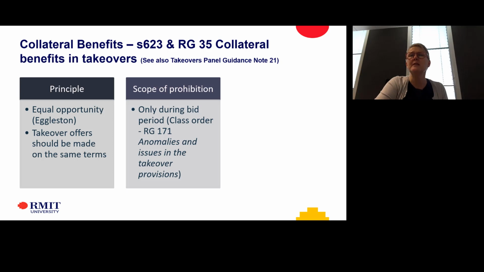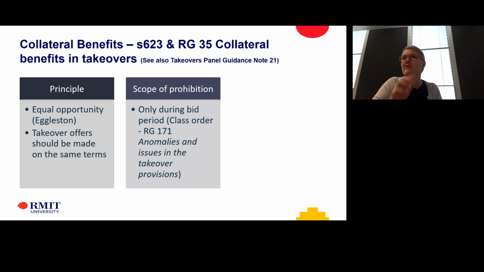The scope of the prohibition only applies during the bid period. And this results in some anomalies, because ultimately people and their associates may in fact be responding to events that happened before or after. And I think it's pretty easy to see how, particularly if a collateral benefit comes in the form of some contract or right, it is in fact closely related to the associate reference.